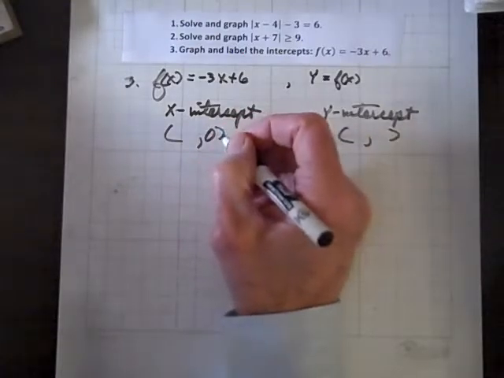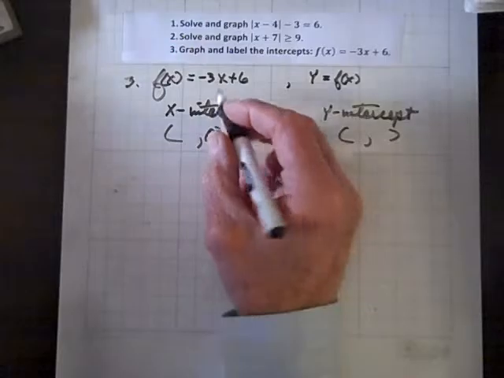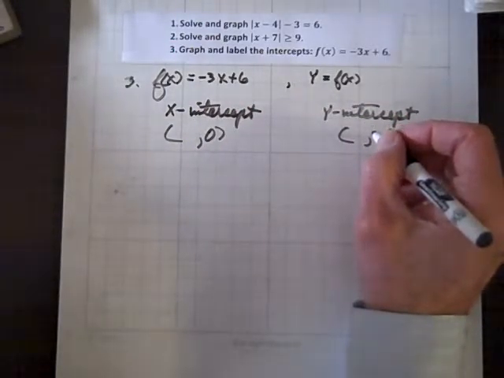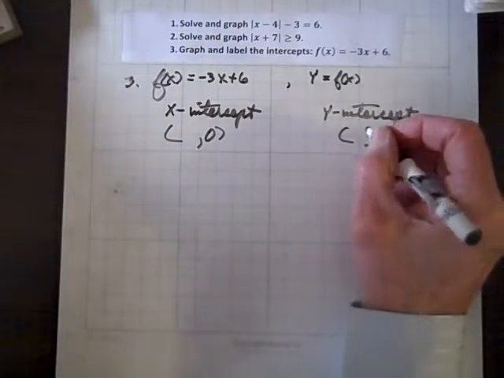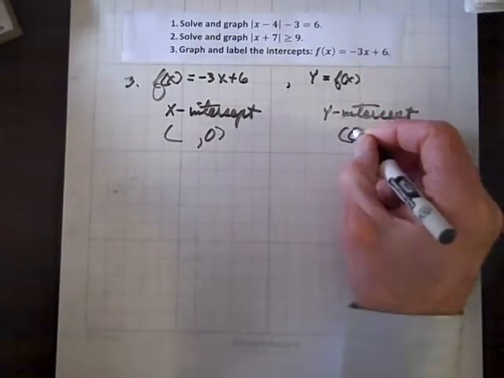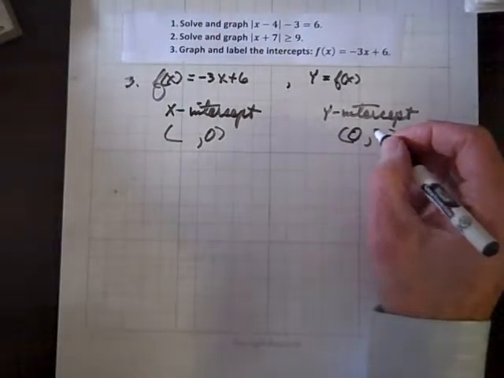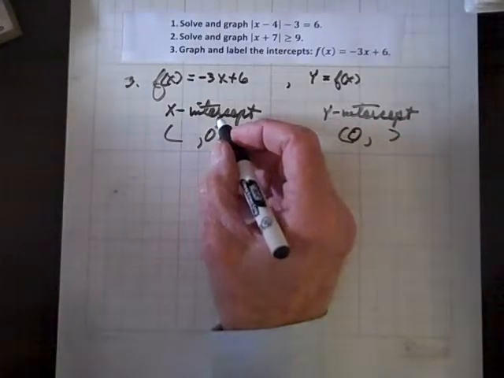Well, it's 0. So we're going to replace y with 0 and solve for x. Correspondingly, what's the x-coordinate for any point on the y-axis? Well, the x-coordinate is 0 for all points on the y-axis, so we're going to let x equal 0 and see what we get.